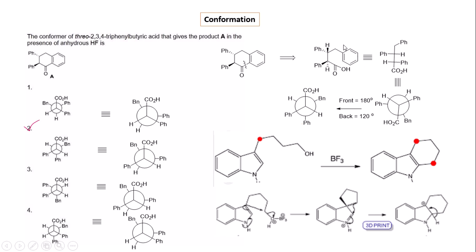If we convert it to the Fischer projection formula, we get this substrate, and when it is converted to the Newman projection, after 180 degree rotation of the front carbon and 120 degree rotation of the back carbon, we get a particular conformation which matches option 2. So option 2 is the correct one.